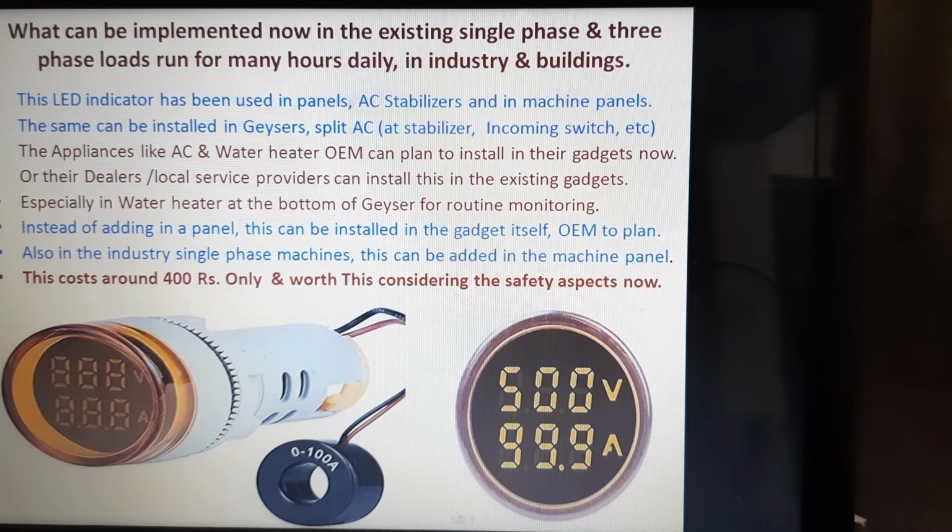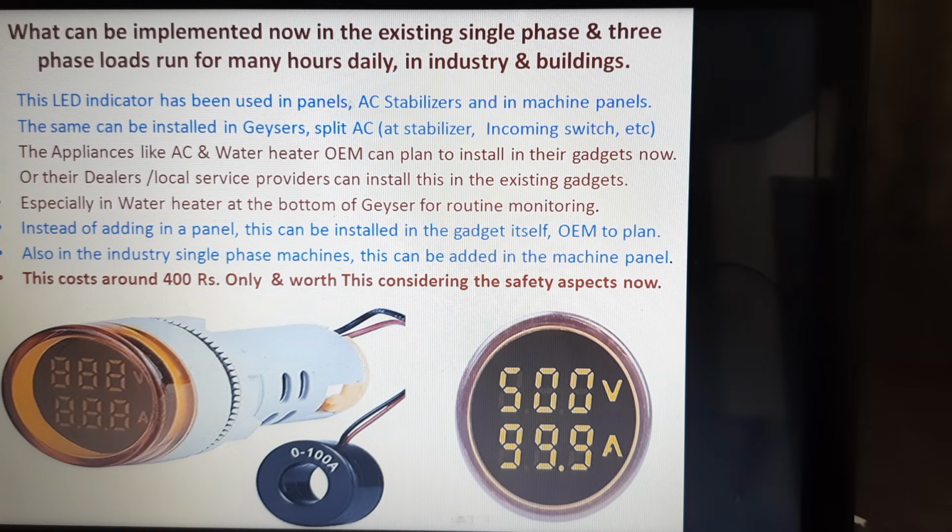That needs to be seen and monitored. So these gadgets like this button type voltmeter and ammeter to measure the basic power parameters can be installed in the AC or water heater, and the OEMs can take this up as an initiative to install the same in their gadgets now.